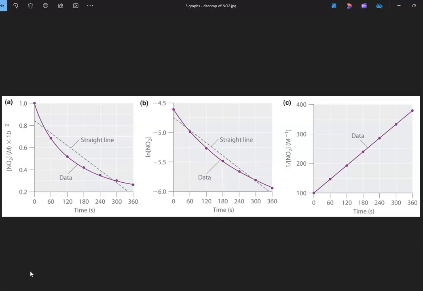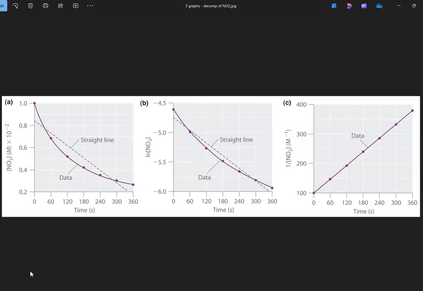So what we did was we plotted concentration versus time, natural log of concentration versus time, inverse of the concentration versus time. We looked for which of those three graphs was linear. That graph allows us to identify the order. So now we know it's second order with respect to NO2.